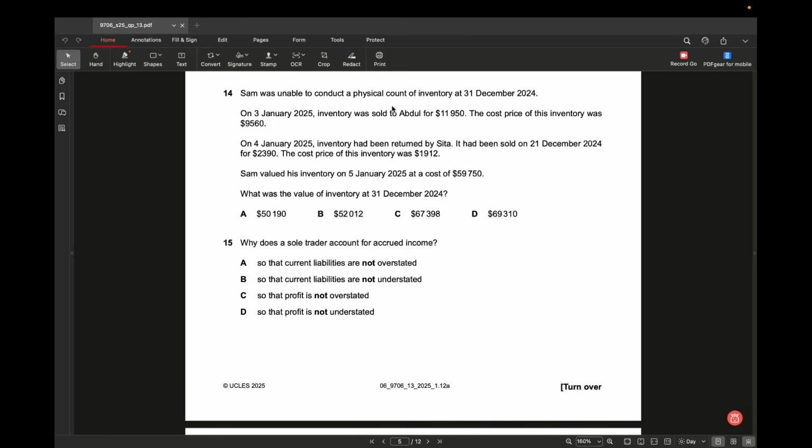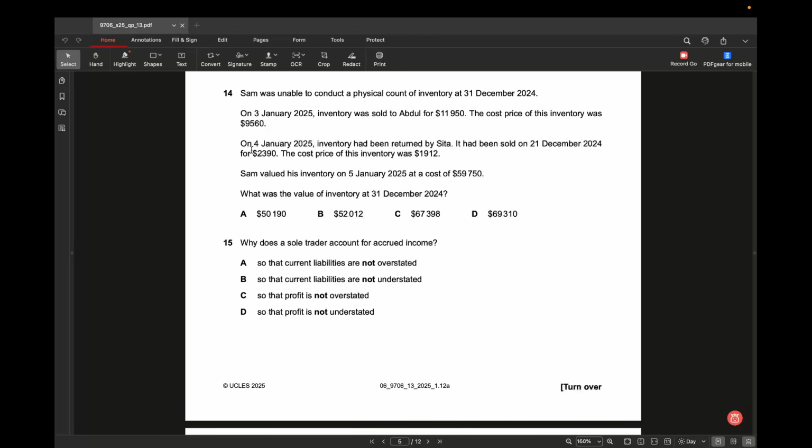So he could not count the inventory on 31st, but on 3rd January we have a record that we sold it to Abdul. The selling price is 11,950, but the cost of the goods that we are selling to Abdul is 9,560. So if you want to calculate the value of inventory, we take into consideration the cost and not sales value or sales amount.